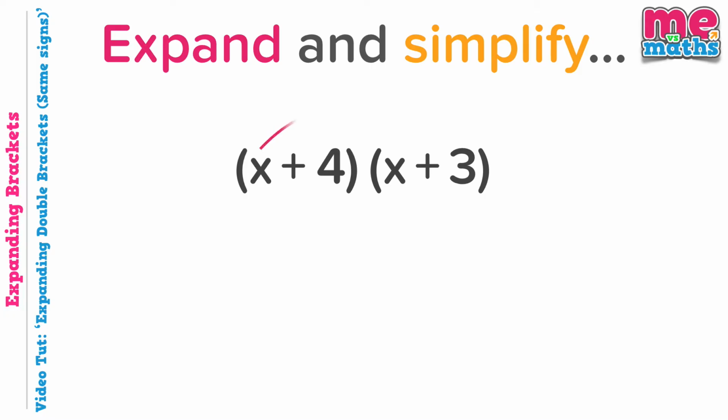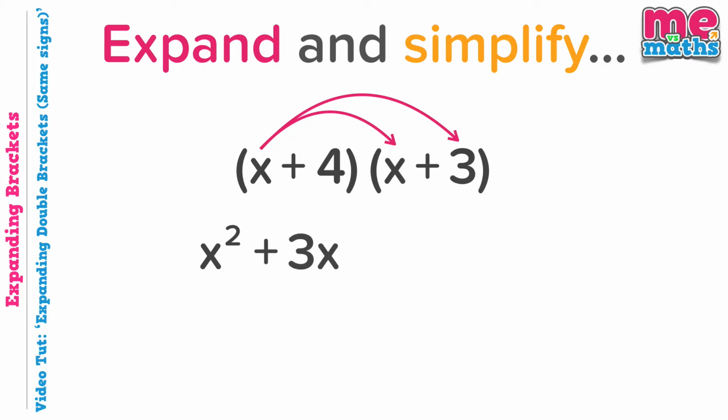Firstly, we'll times this x by this x. X times x gives x squared. Next, we'll multiply the x in the first bracket by the other part of the second bracket, the plus 3. 3 times x is 3x, and this is positive, so we write plus 3x.